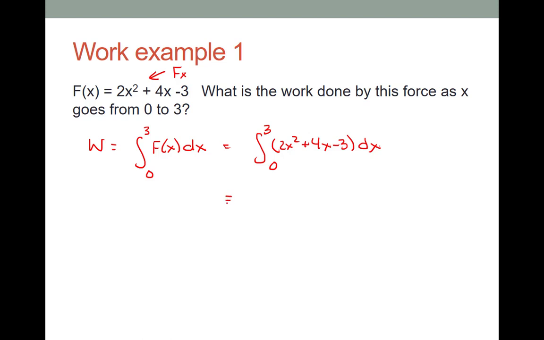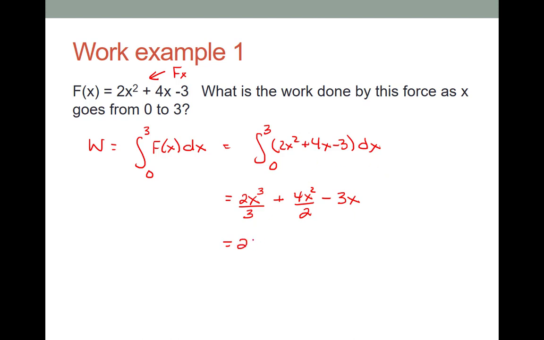Remember, when you integrate, you take the exponent and add 1, and then divide by that new exponent. Notice for the lower limit of integration, if I plug 0 into every term, I'm going to get 0.